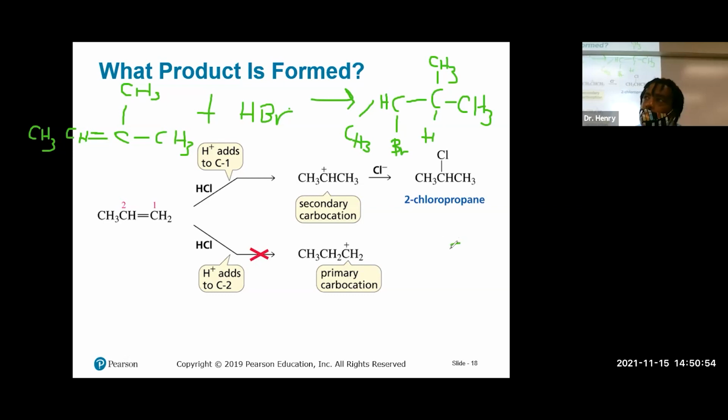Okay, so it's more stable for this to be... and the bromide here.